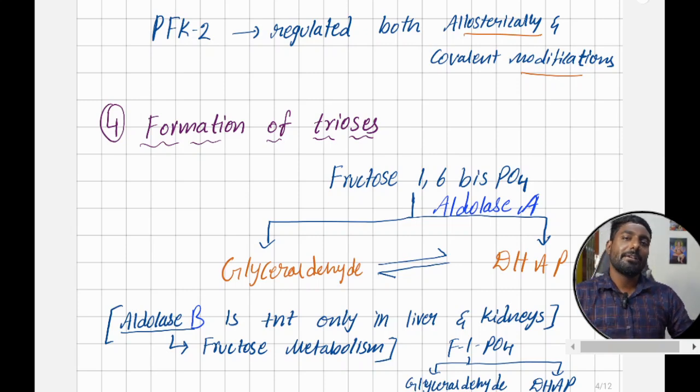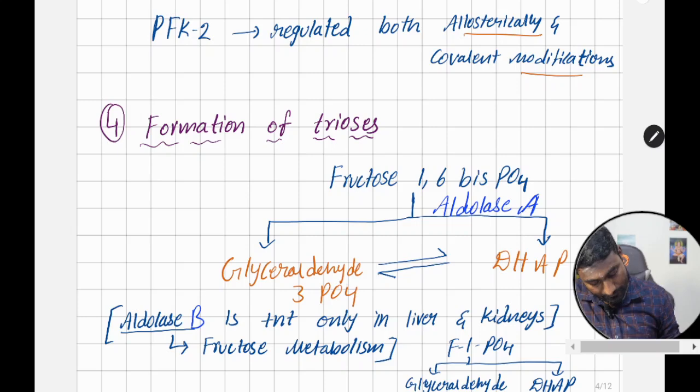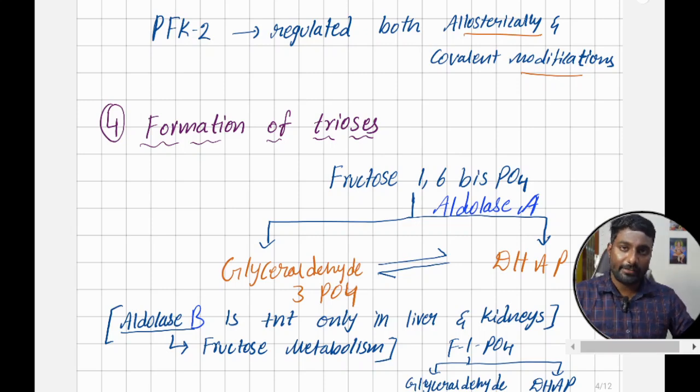From the subsequent reactions, this glyceraldehyde, sorry, it is glyceraldehyde 3 phosphate, is going to be acted upon.